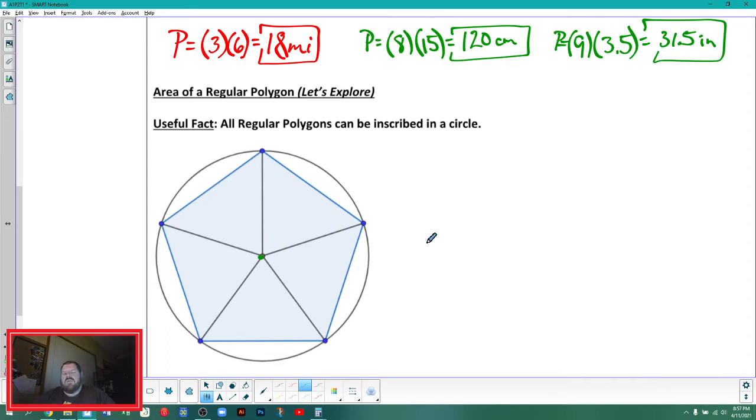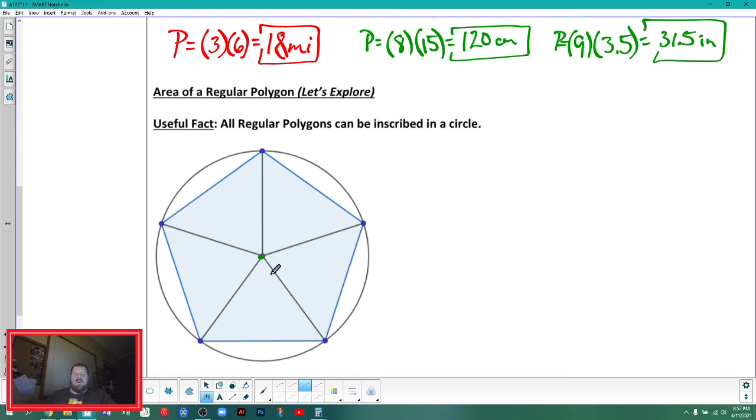What that gives us, and we're not going to use that very often, is that all 5 of these smaller triangles in here are all the same size. So let's think about how we're going to find the area, but let's find the area of just one of these triangles. Let's pick on the bottom one.